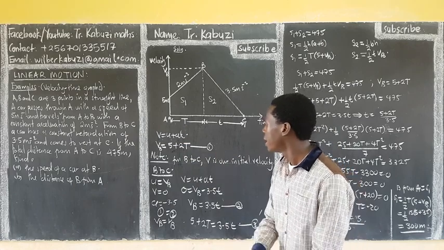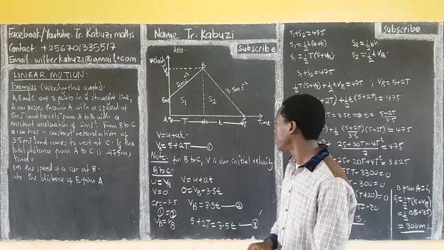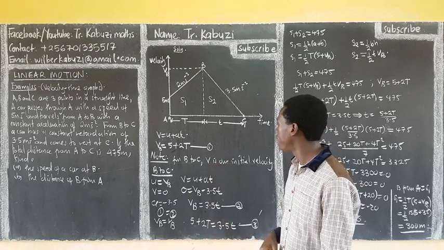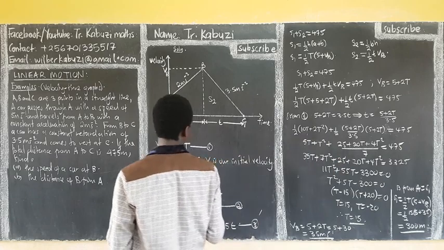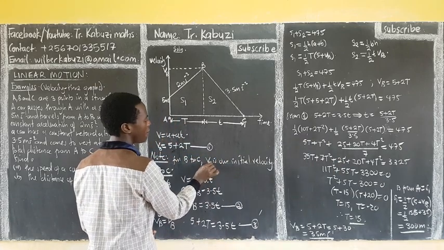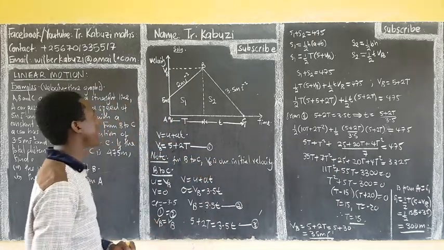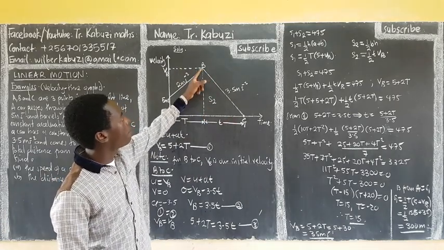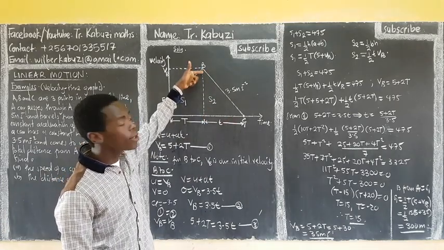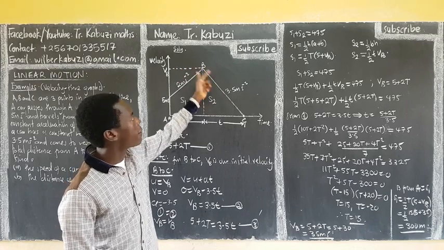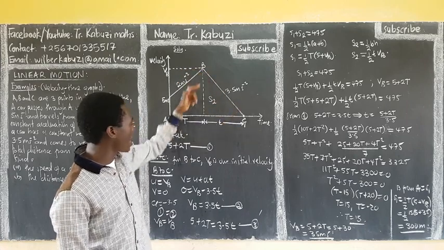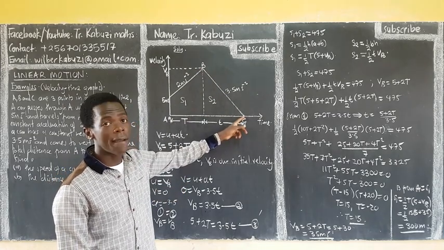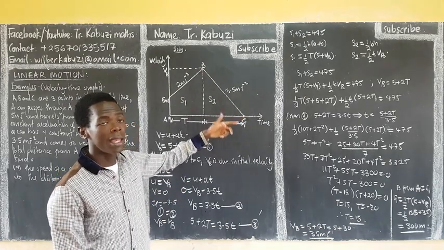Now note, from B to C, VB is our initial velocity. If we are going from B to C, this VB acts as the initial velocity for this journey from B to C. The final velocity, because it's coming to rest, is going to be 0.